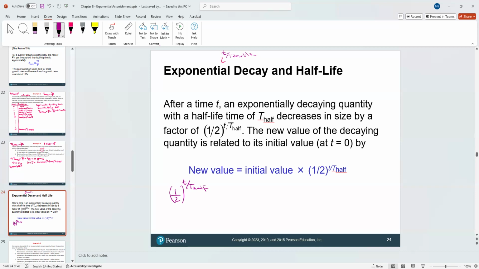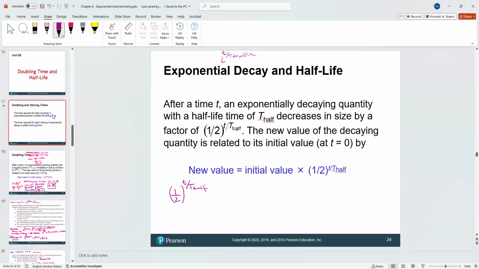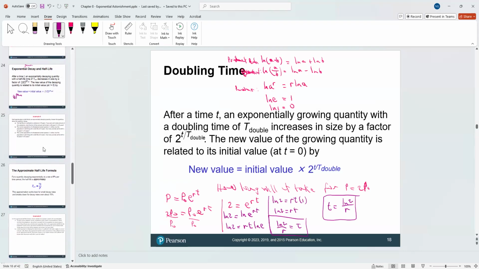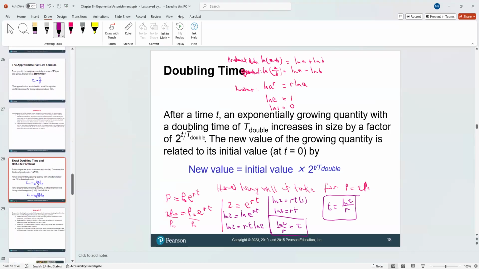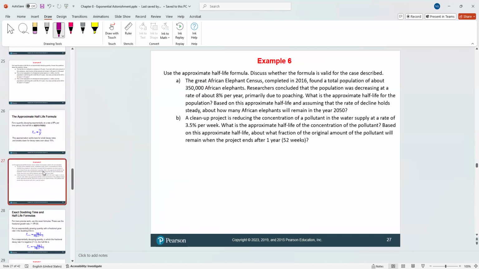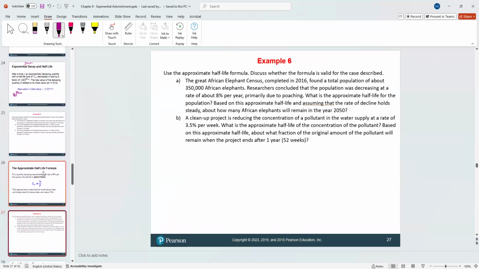The new value of the decaying quantity is related to its initial value. You must do the same examples we did previously. Remember, if we go back, that formula gave you the doubling time. Now we're going to focus on the... did I skip something?